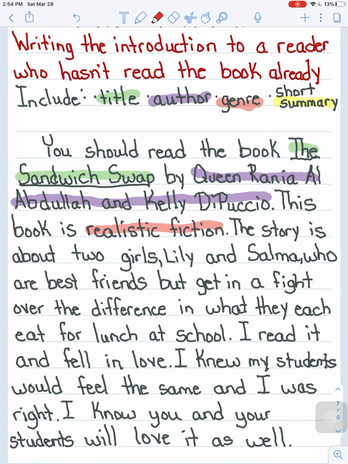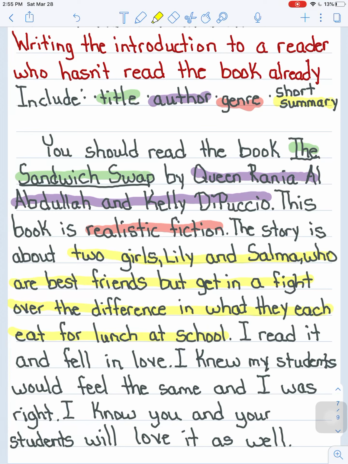And right here is where I included just a short summary of the book, keeping in mind that this introduction was written for a reader who hasn't read the book already. So I said it was about two girls, Lily and Salma, who are best friends, but get in a fight over the difference in what they each eat for lunch at school.